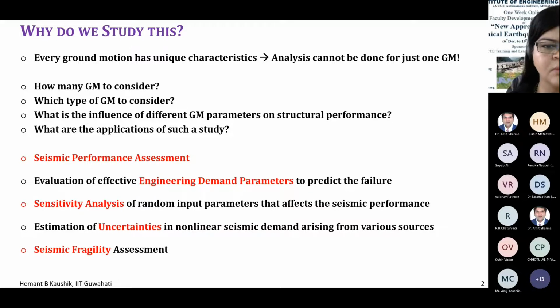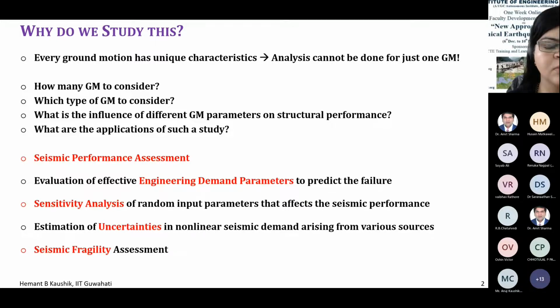They are unique in nature. All the characteristics are unique. So the next question is, then how can we analyze the structure for just one ground motion? It is simply not possible.